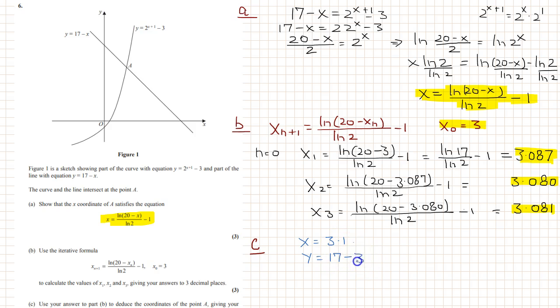X is 3.1. So it means y is equal to 13.9. So the A coordinates will be 3.1 and 13.9. So that is the answer of part C.